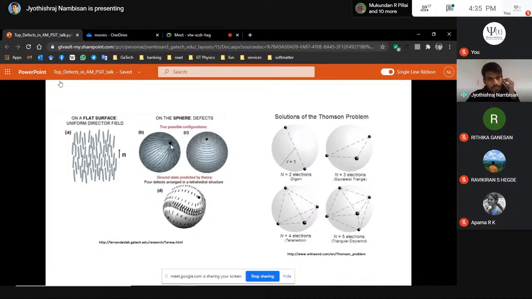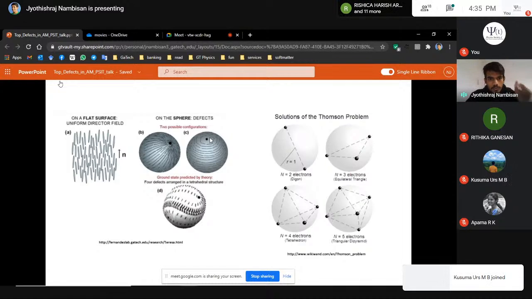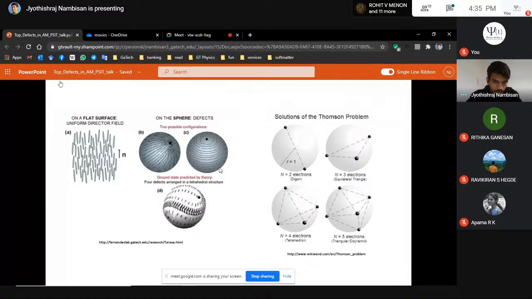It has to come out of the surface. Or you can have them aligned as latitudes, but still you would end up with two defects at the north pole and south pole. You can have more defects, of course, but these are the least energy configuration if the particles are polar, so if they are head-tail asymmetric. If they are non-polar, if they are symmetric, then, so these are +1 defects.